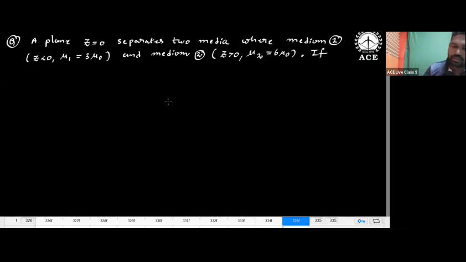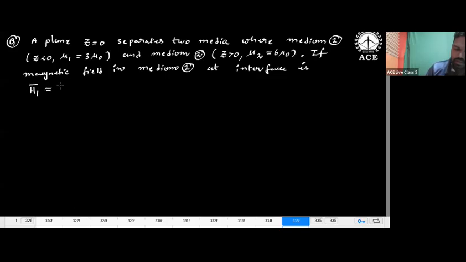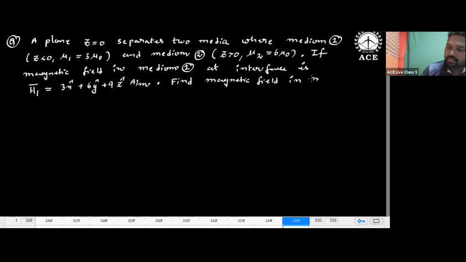If the magnetic field in medium 1 at the interface is H1 is equal to 3x cap plus 6y cap plus 9z cap ampere per meter, find the magnetic field in medium 2 at the interface.